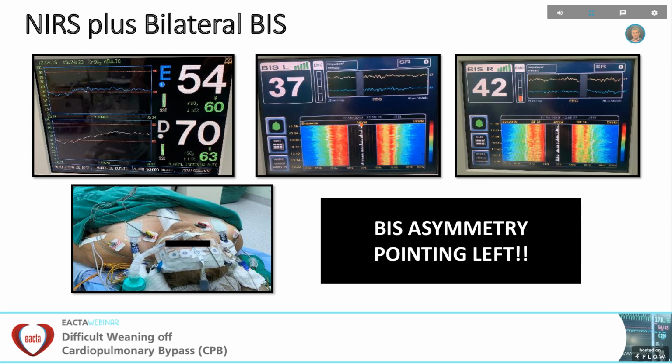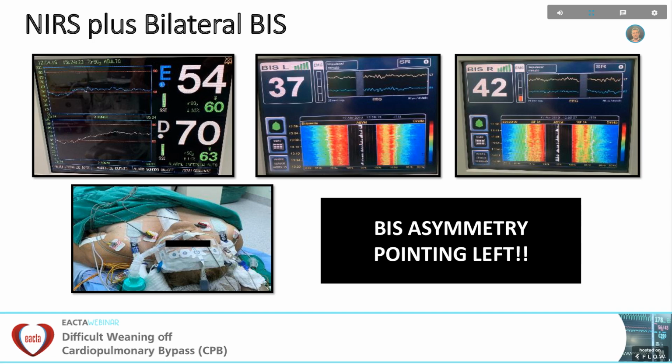It's a difference in power between hemispheres. It's showing that the left hemisphere has a different power compared to the right hemisphere. It's always pointing to the hemisphere that has low perfusion. You see here low perfusion in the left, and the asymmetry here is pointing to the left too.